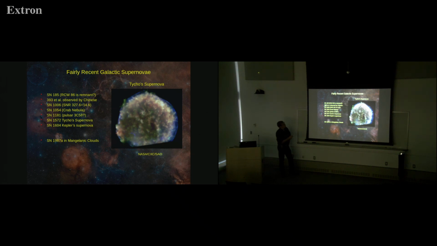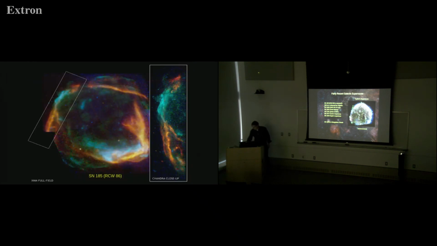There was one in 393, 1006, 1054, 1187, and then these two are considered the first modern observations, and that's modern on an astronomy timescale, that Tycho and Kepler saw them in 1572 and 1604. And then there was a shortage until 87A in the Magellanic Clouds, which is, I guess, the Large Magellanic Cloud? Yeah. The Magellanic Clouds are a satellite galaxy that's nearby, so this was the closest thing we had to a galactic supernova that we were able to see.